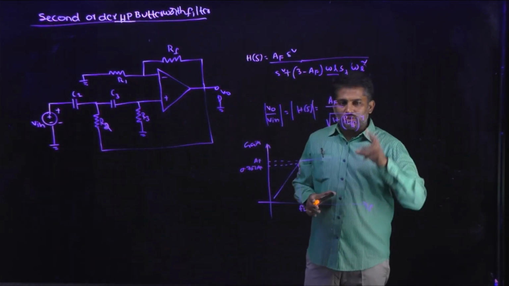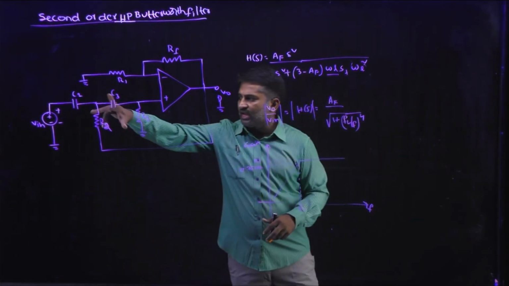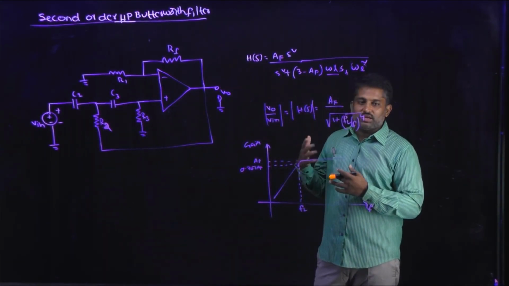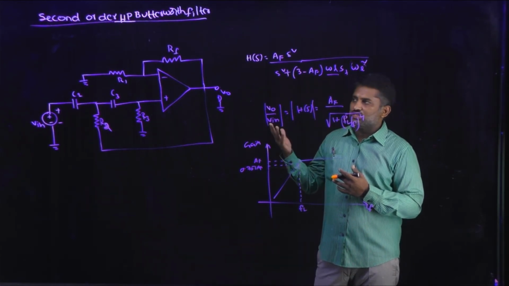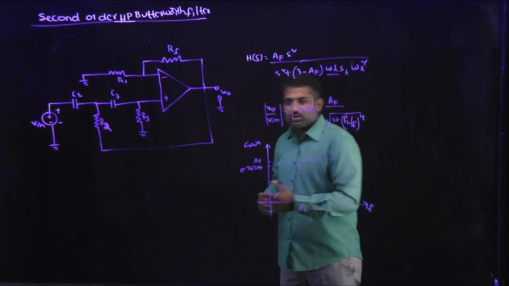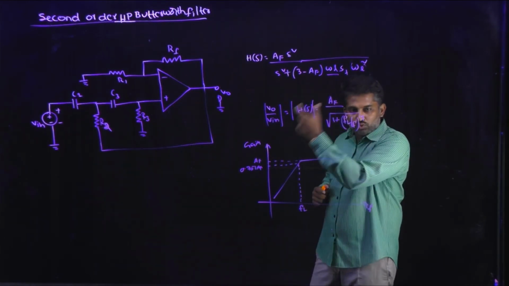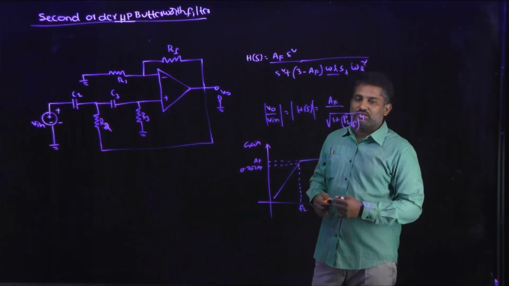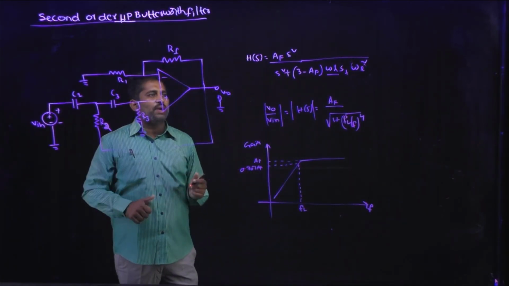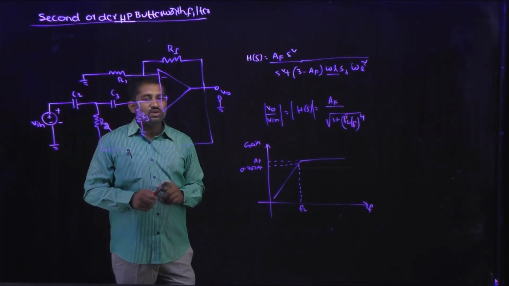If you observe the circuit of the second order low pass Butterworth filter, we are just exchanging the resistors and capacitors, and the remaining things are the same. The same procedure used for calculating the transfer function in the second order low pass Butterworth filter applies here. Then you will get the transfer function as AF into S square by S square plus 3 minus AF into omega L into S plus omega L square.